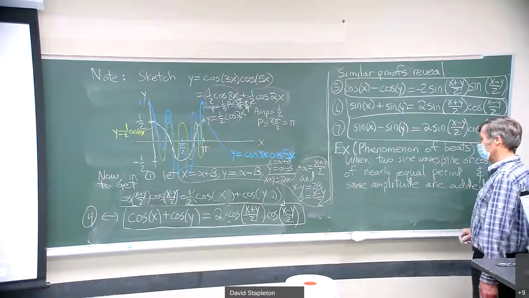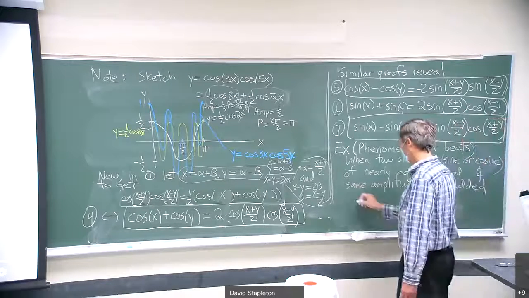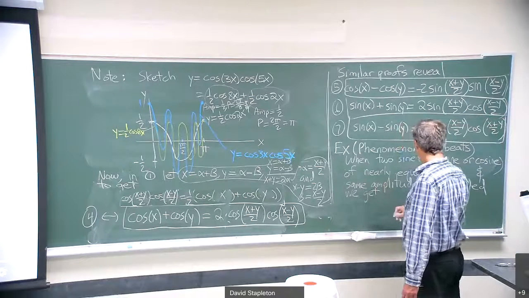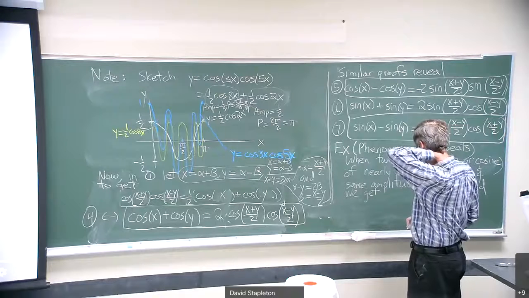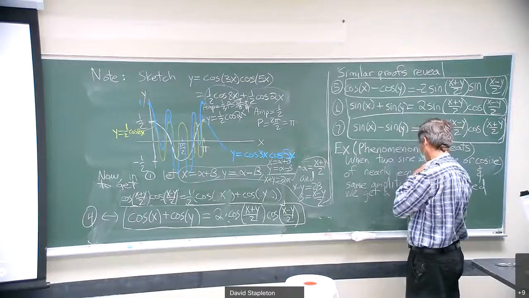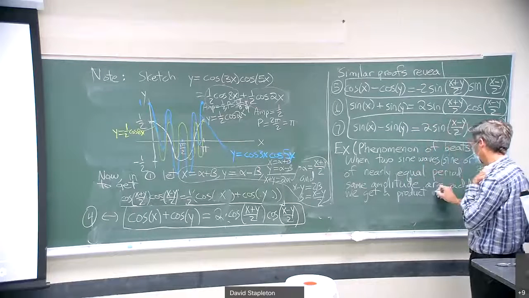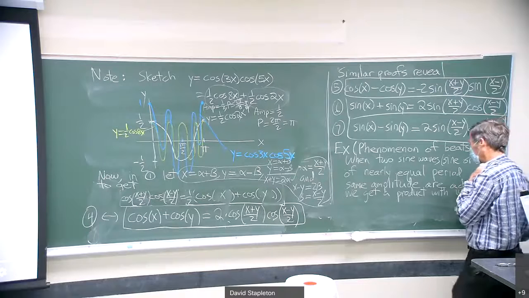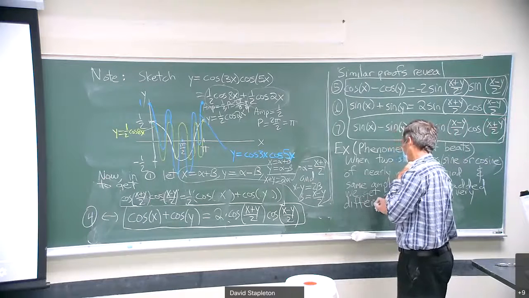The sum to product identity shows that you get the following result. We get a product with very different periods. This is the phenomenon that happens.